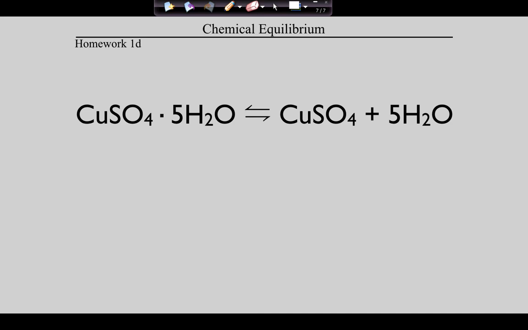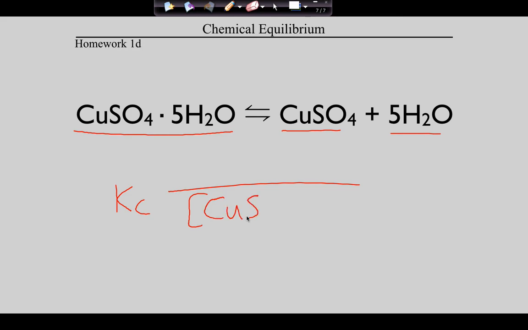So the bottom line is this. This is one reactant and this is 2 products. So when you write the Kc expression for this, the denominator in the Kc expression is actually just going to be CuSO4.5H2O. That's the denominator of the Kc expression because that stuff on the left is one big reactant.